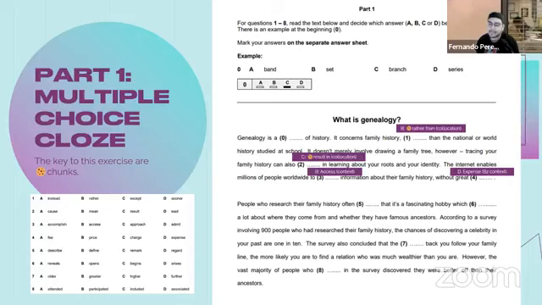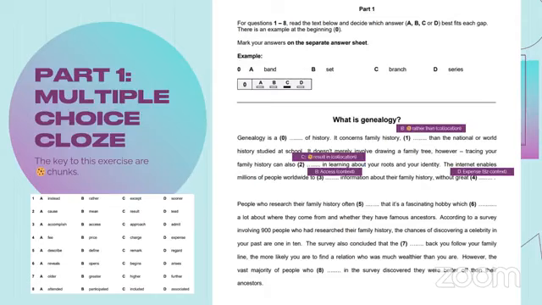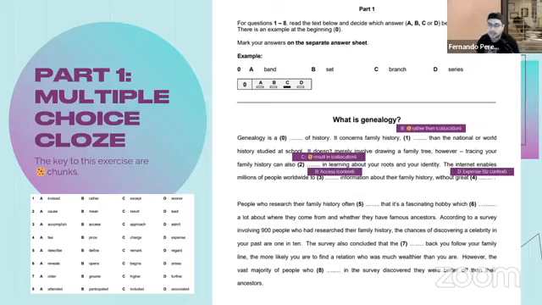There's Elsie. Perfect. So you said number 5, people who research their family history often describe that it's a fascinating hobby. The thing with the word describe, Elsie, is that it is a transitive verb.